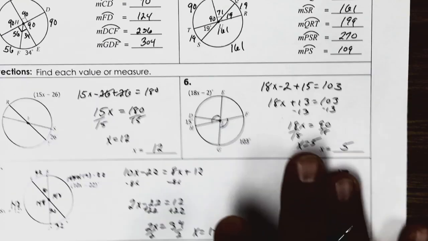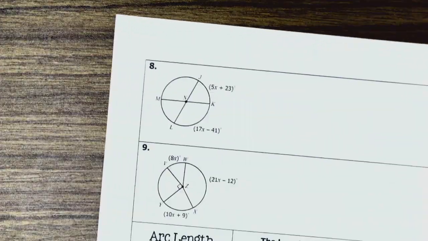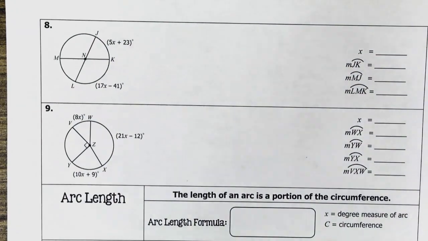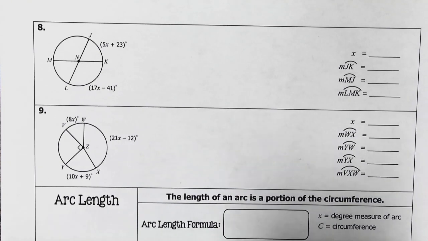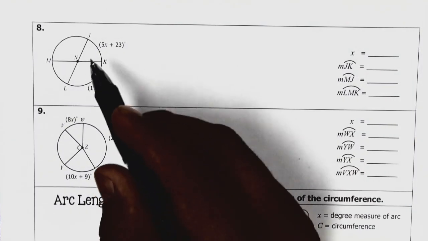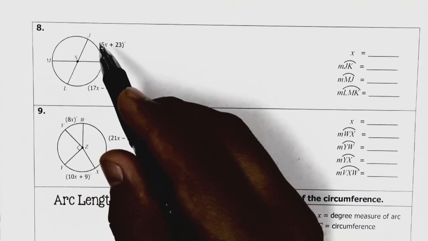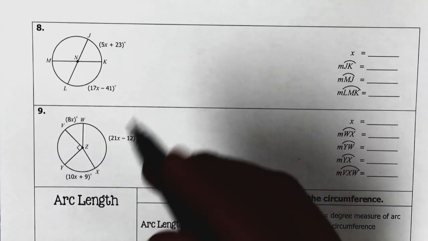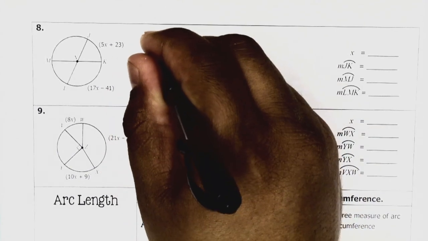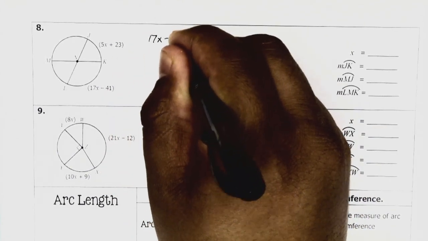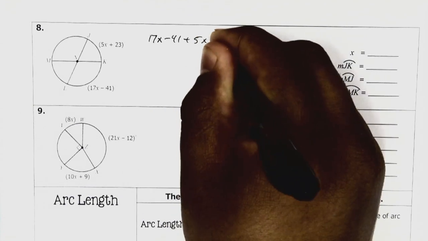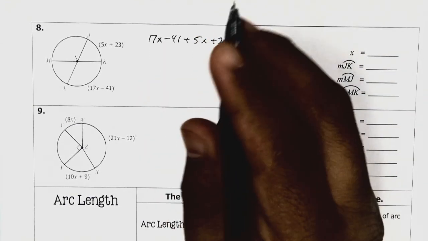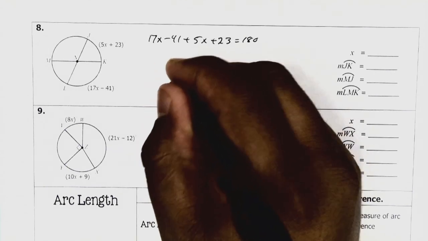Let's see, I think I can get these next two. Same thing, solve for x. Notice that this is another semicircle, so these two are supplementary, so they add up to 180. Add those together: 17x minus 41 plus 5x plus 23 equals 180. 17 plus 5 is 22.